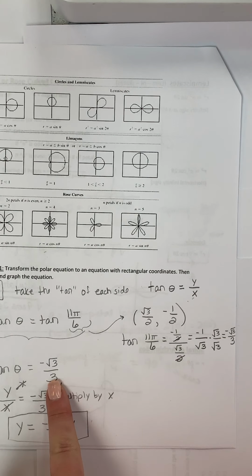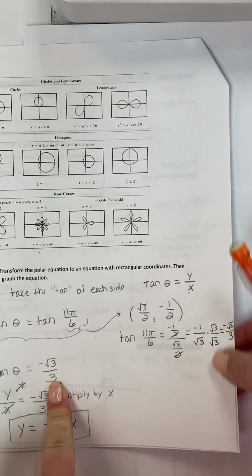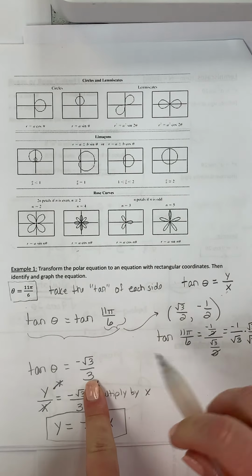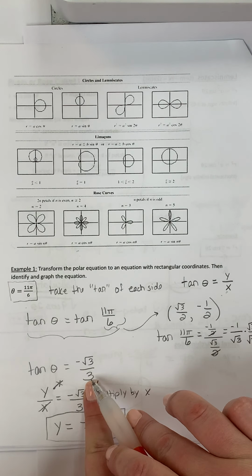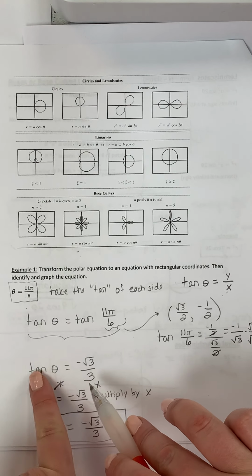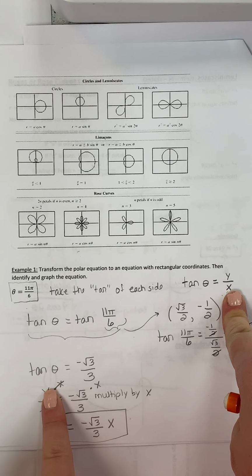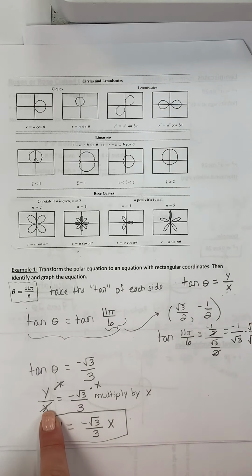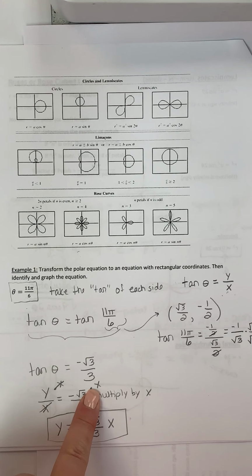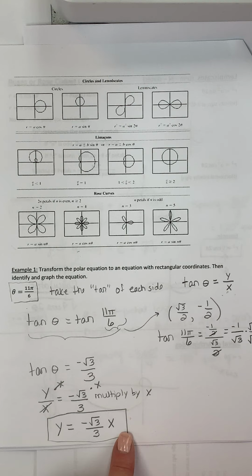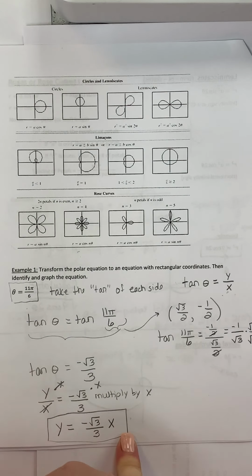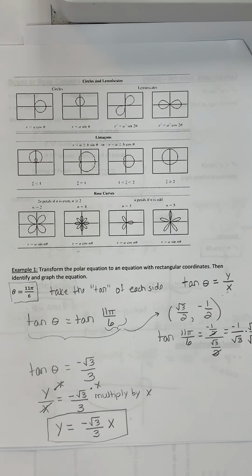I came back over here and plugged that value in for tangent of 11 pi over 6. Then, because I knew that tangent of theta is y over x, I plugged that in. Then I multiplied both sides by x, or you could just shoot the x right over here, and this is what I ended up with. And it's an equation with no r's, no thetas, only a y and an x. So that is my equation.